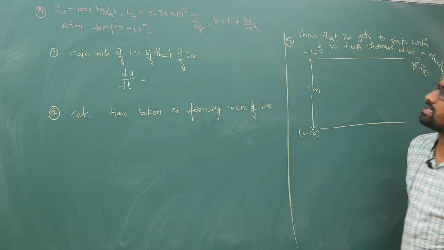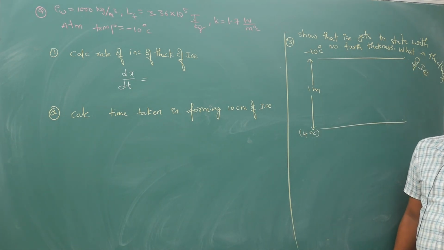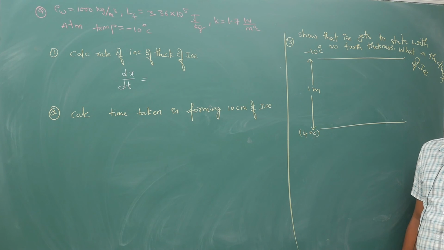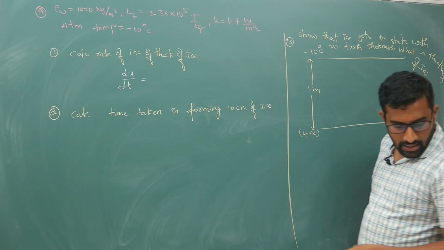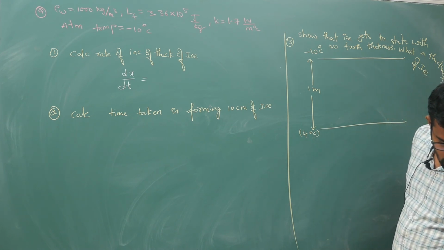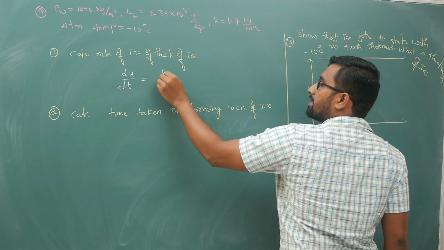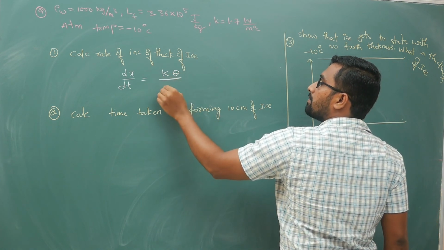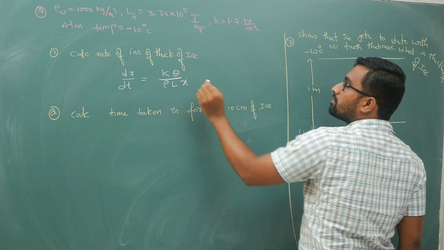From the previous expression, you are going to get dx by dt as k theta by rho L x, k times theta by rho into L into x.